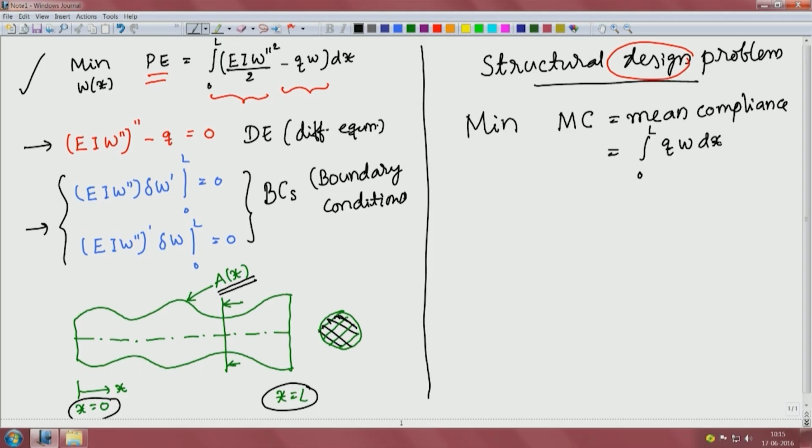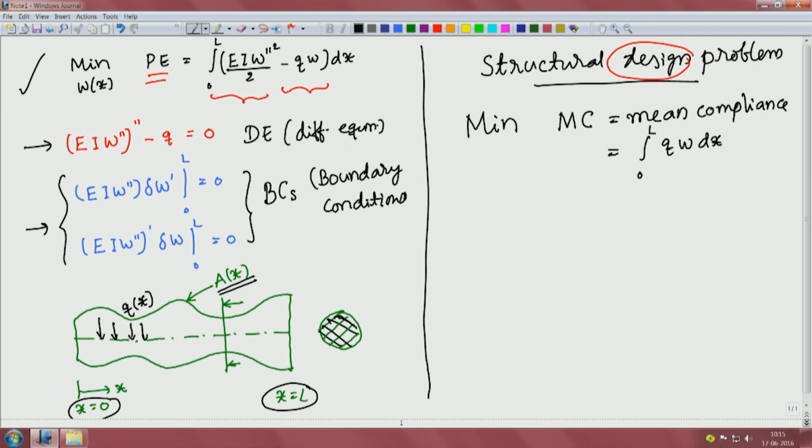That is basically saying that the work done by the applied force Q that is acting on the beam. So, if this is the beam, the neutral plane, there is force Q of x acting, and that multiplied by the transverse displacement W is our objective function. So, work done by the external force, if that is minimized, it is called mean compliance.